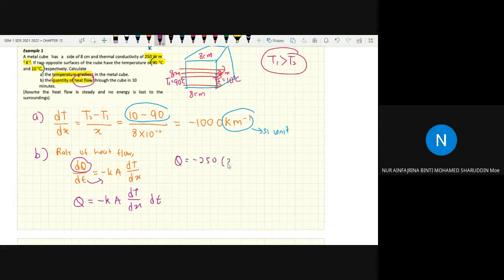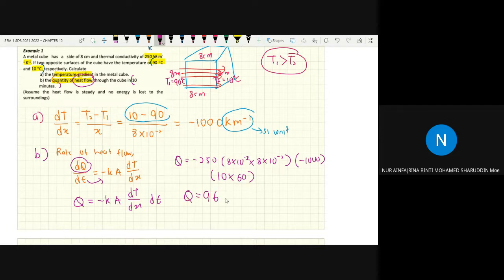So, kita akan dapat 8 times 10 to power of negative 2. Miss tukar kepada meter darab dengan 8 times 10 to power of negative 2. And then dT over dx kita dah cari dekat soalan A which is negative 1000. And then time. Time taken dia adalah 10 minutes. Miss wajib tukar dia pergi second. So, awak tekan kalkulator, awak akan dapat 96.